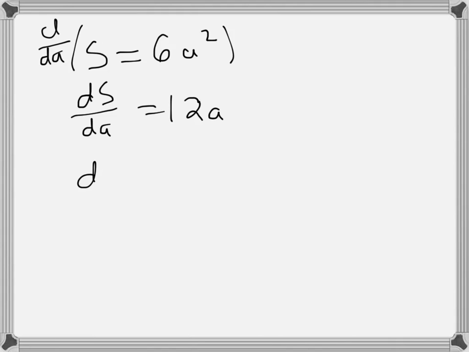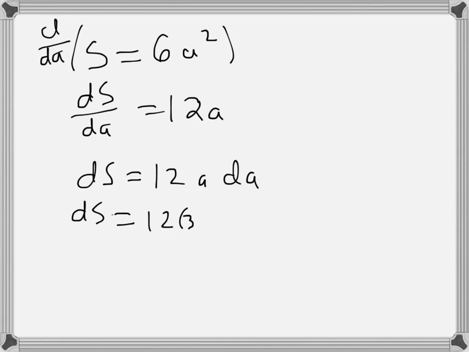And I solve for dS, and I have these values. I know that A was 30 and dA was 0.1. So this is 360 times 0.1, which is 36 centimeters squared, because this is area. Okay, so that's the error in surface area.